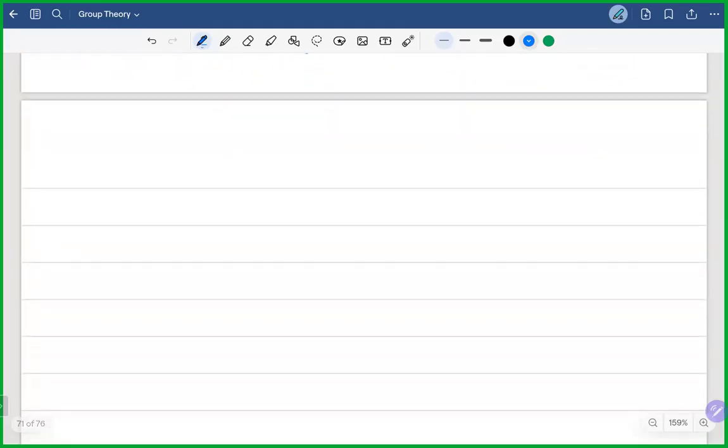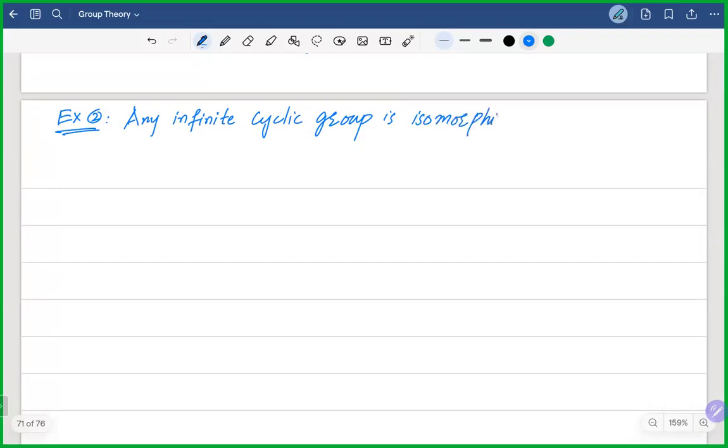Now let's talk about example 2. Example 2 says any infinite cyclic group is isomorphic to the set of integers.